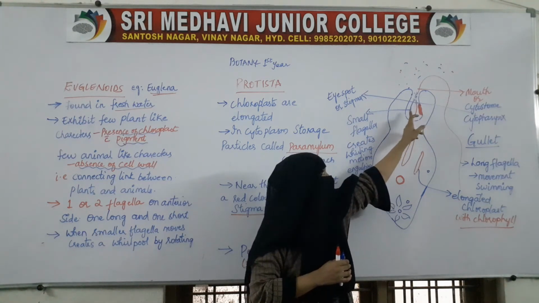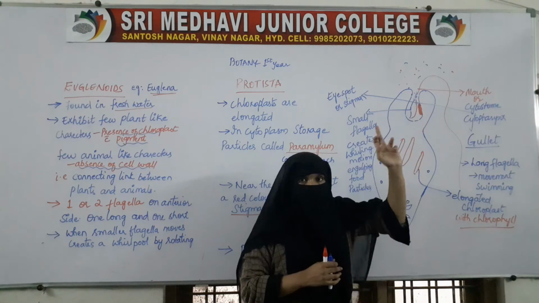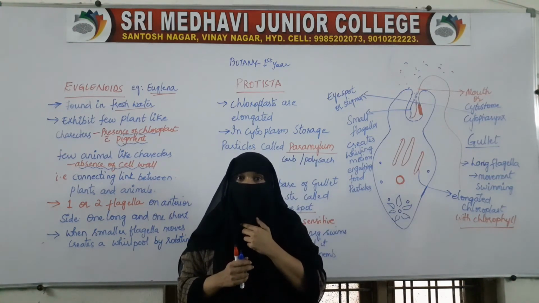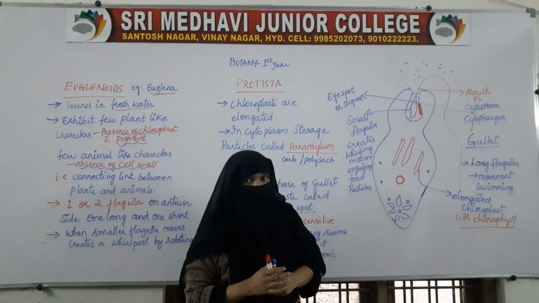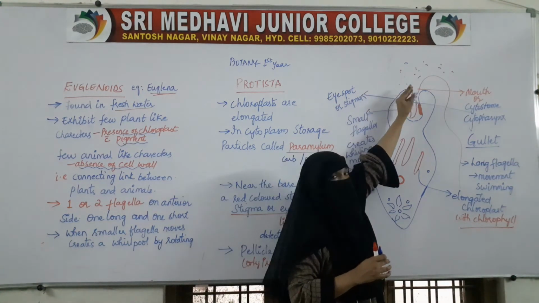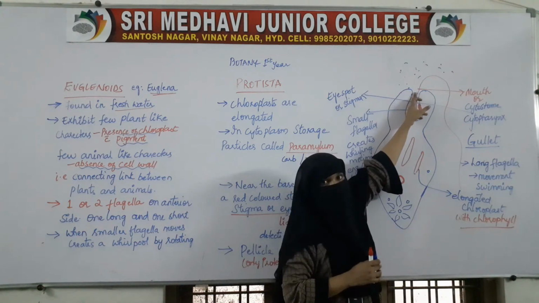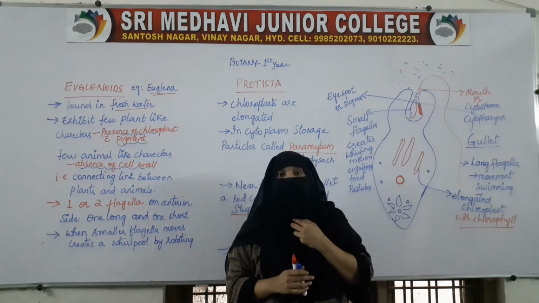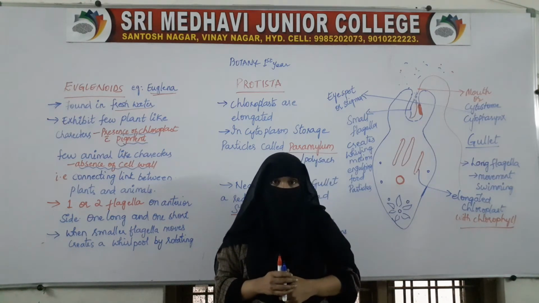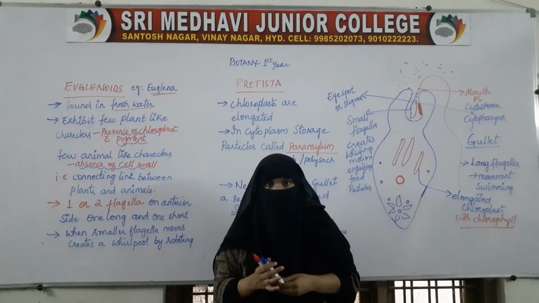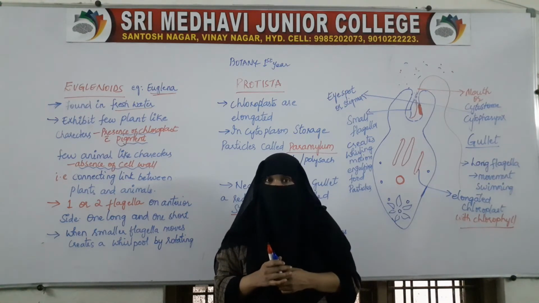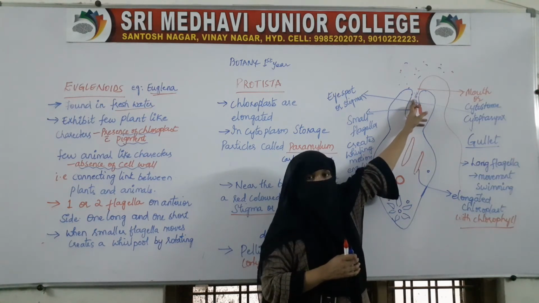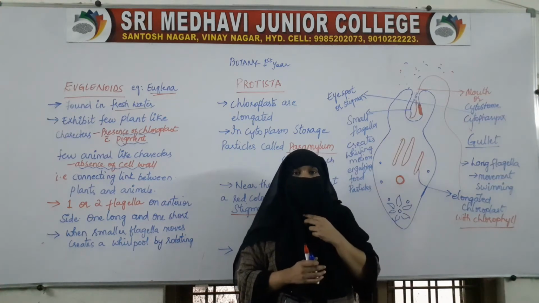I already said, the smaller flagella moves inside, producing a whirling movement, and because of that, all the particles come near this cytostome, and it engulfs those particles as food material, because when light is not there, they cannot produce their own food. So they engulf the particles around them as food.